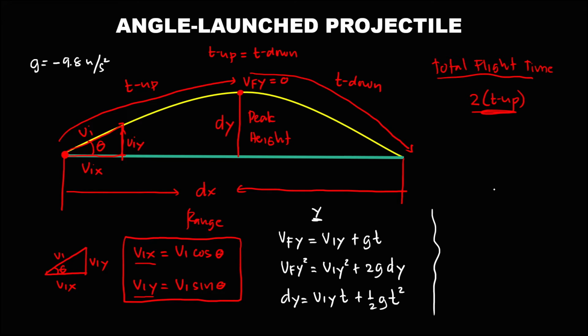Then we only have one formula for x, and that's dx equals the initial velocity for x times the time, because for x or in the horizontal, the acceleration is equal to 0 meters per second squared. So these are the things we need to remember for this angle launch projectile motion.